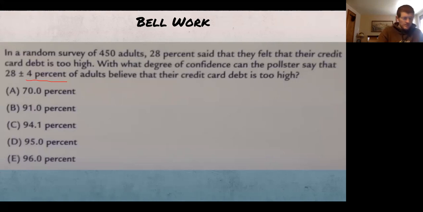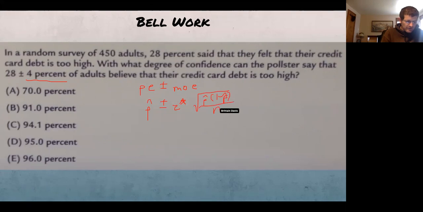So let's remember, first of all, that a confidence interval is a point estimate plus or minus a margin of error. And specifically for proportions, it's going to be a p hat plus or minus a z star times, our formula here is the square root of p hat times 1 minus p hat divided by n.